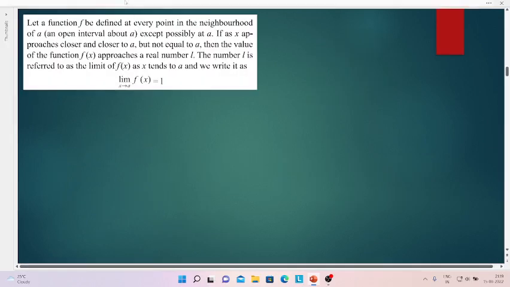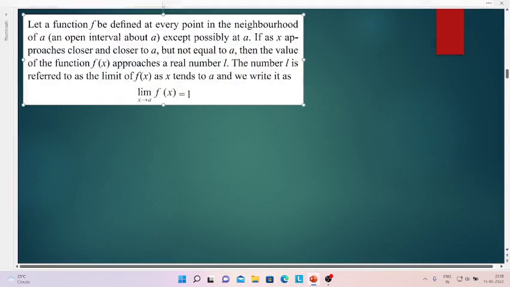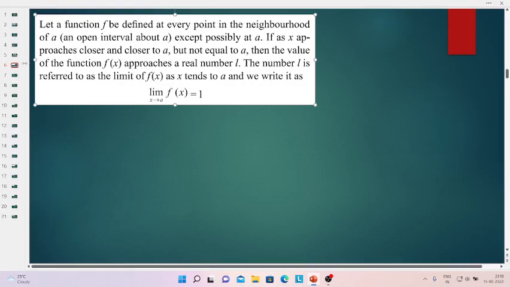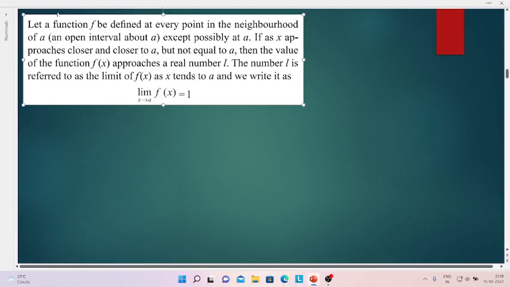So let's move to the definition of a limit. What is the general definition of limit? This is discussed in this particular slide. Let me zoom in on this so that you can easily see, right? The definition of a limit says: let a function f be defined at every point in the neighborhood of a.